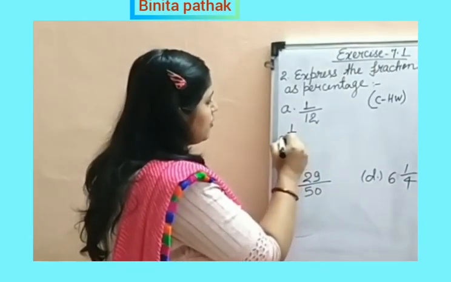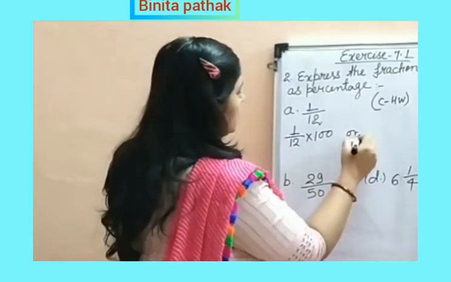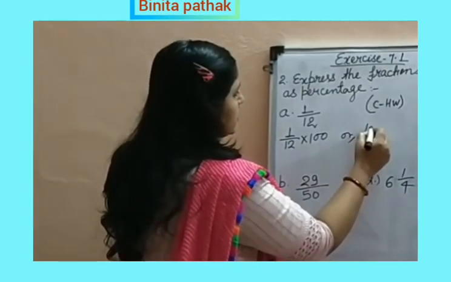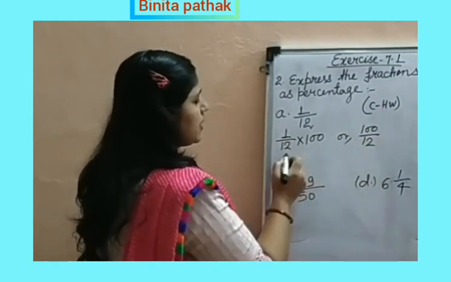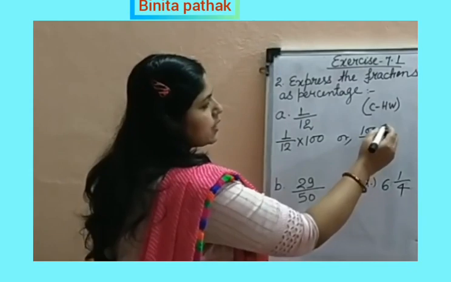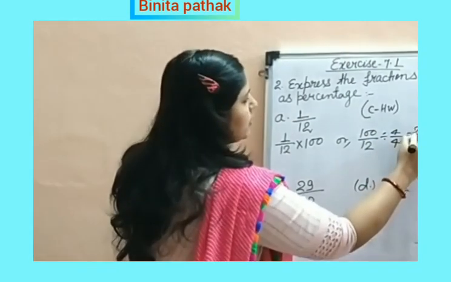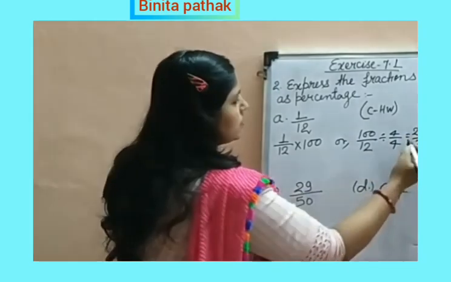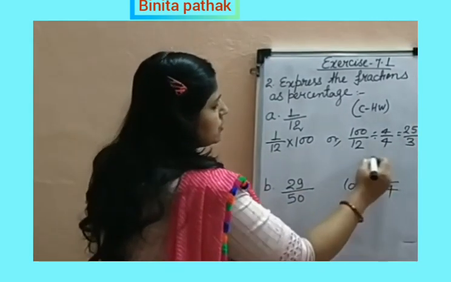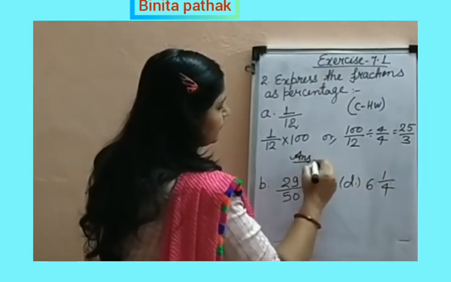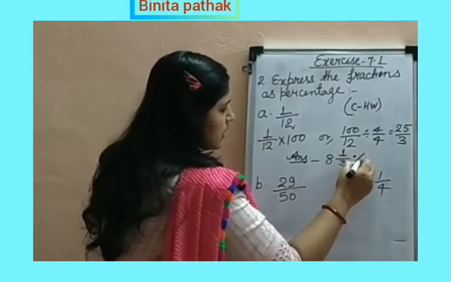It will be 1 upon 12 into 100, or it is 100 upon 12. We can cancel this number by 4. Divided by 4. The answer will be 25 upon 3. That is the answer, but we need to convert it into mixed fraction. So our answer will be 8 3s are 24, 1. Now we will add the sign of percent here.